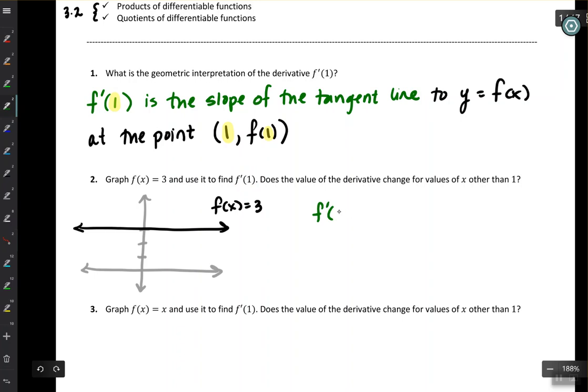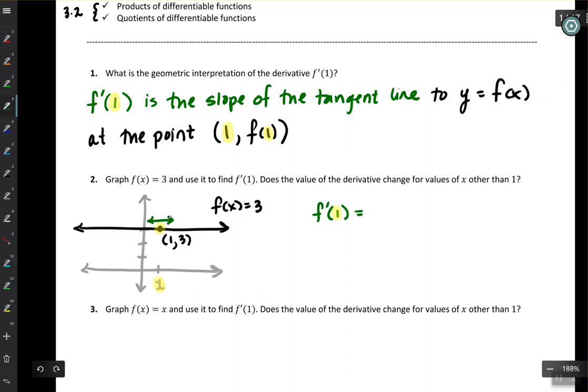F prime of 1, again, is the slope when x is 1, and where are we? Right now we're at the point when x is 1, what's y? Y is 3.